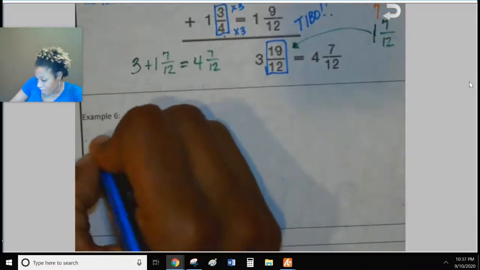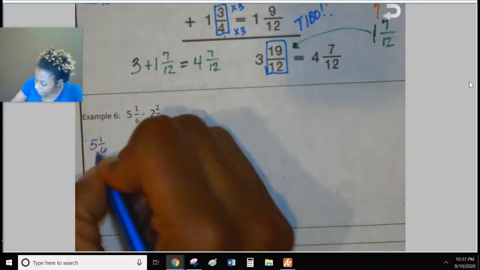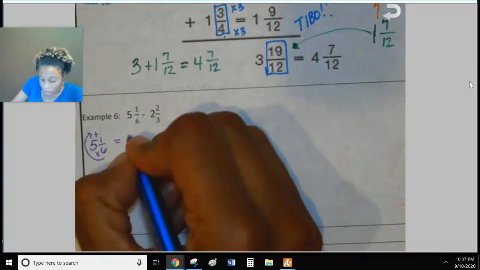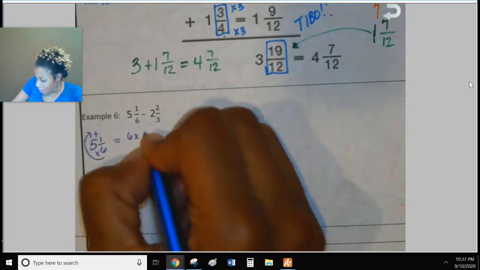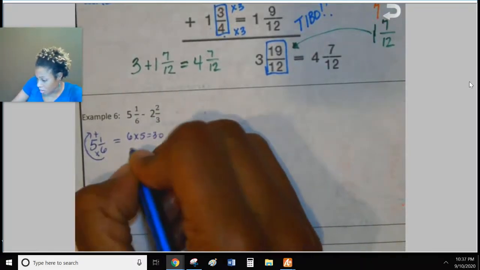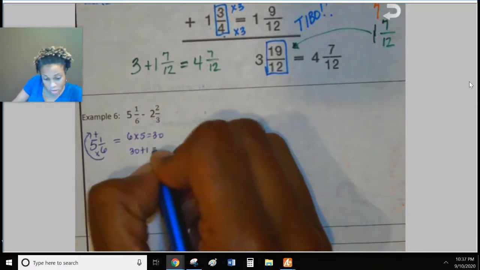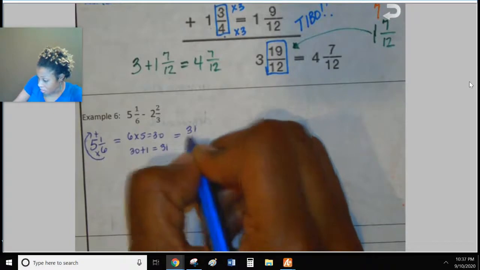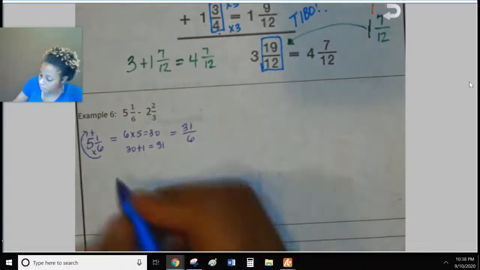So 5 1/6 would become 6 times 5 is 30. 30 plus 1 is 31. So this becomes 31/6. Okay?